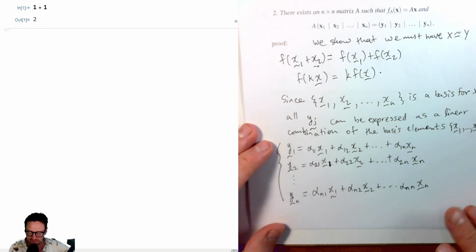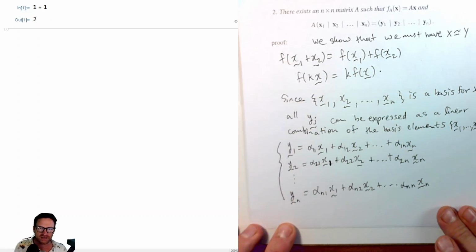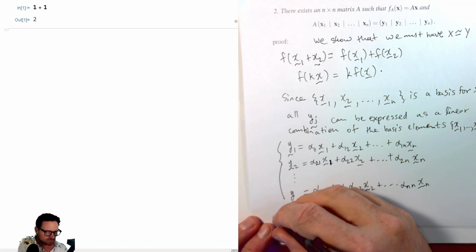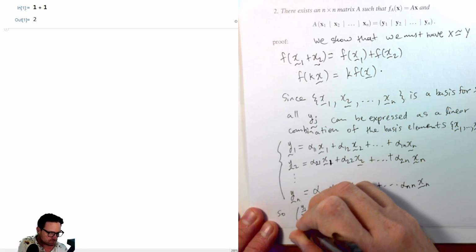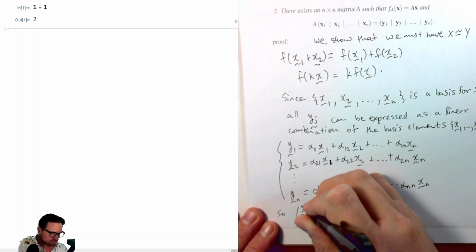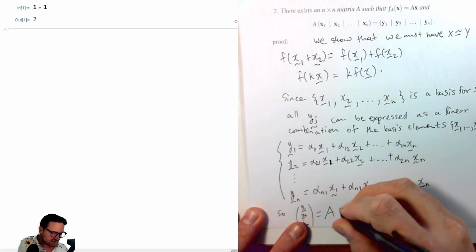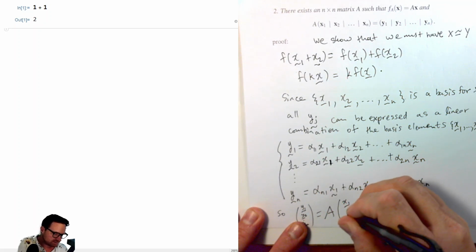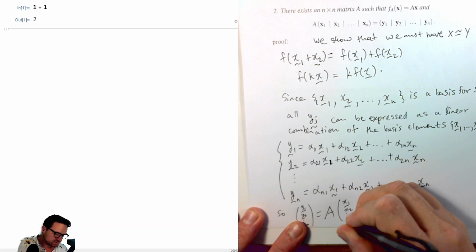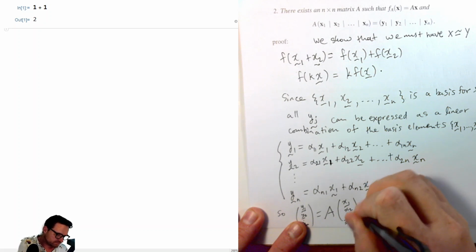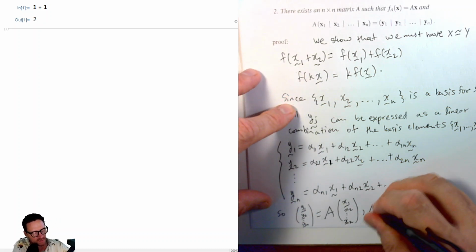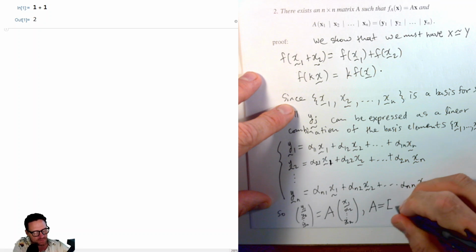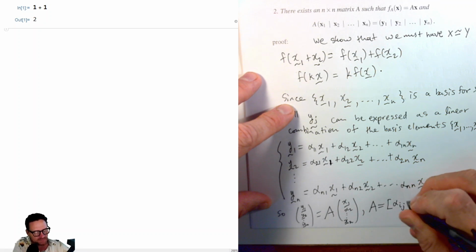All right, and so now we can write this in matrix form. A times x1, x2 up to xn, where A is equal to alpha ij.